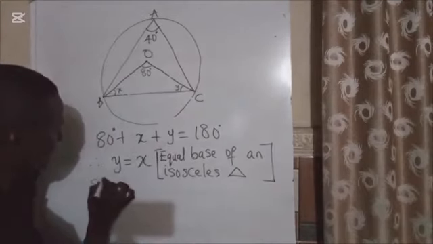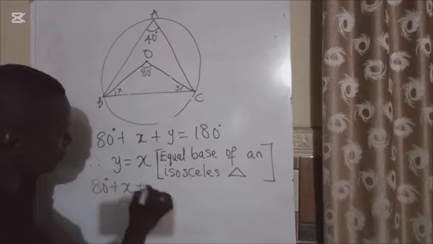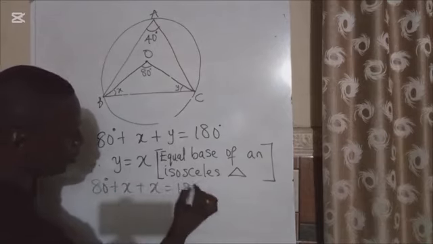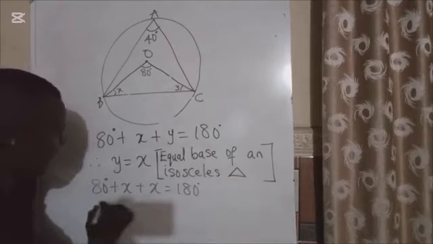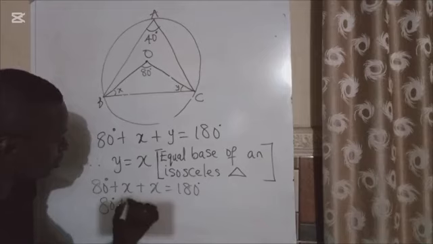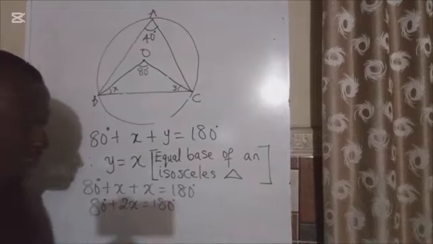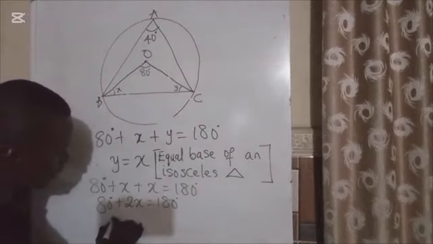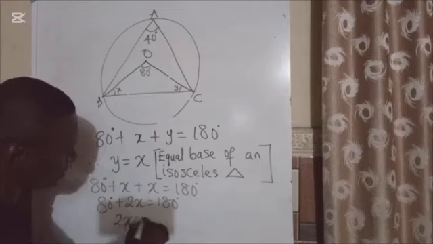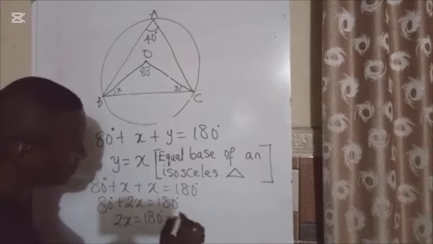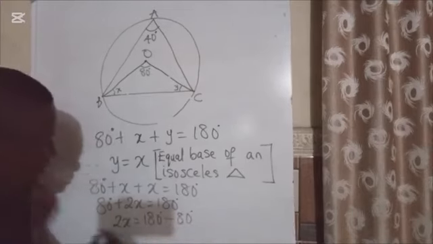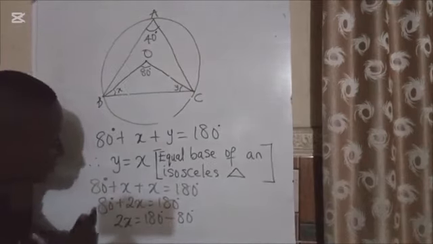Therefore, I have 80 degree plus x plus x is equal to 180 degree. Now, if I add x together, I will get 2x is equal to 180 degree. From here, I'll make 2x the subject of formula. It becomes 2x is equal to 180 degree minus 80 degree. Why is it minus 80 degree? Because the sign here is positive.